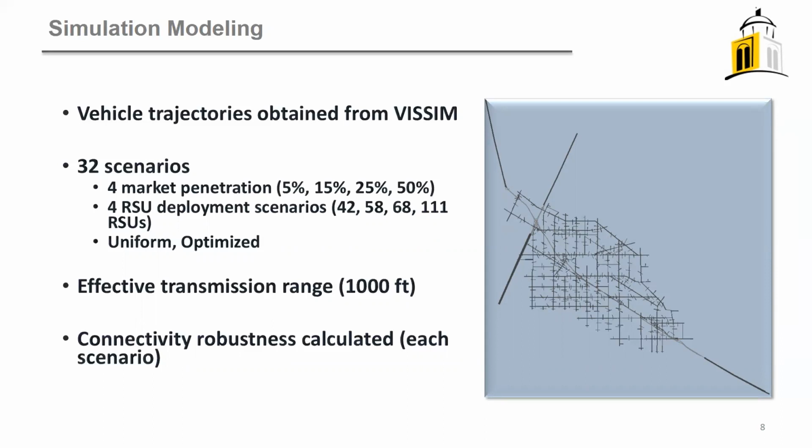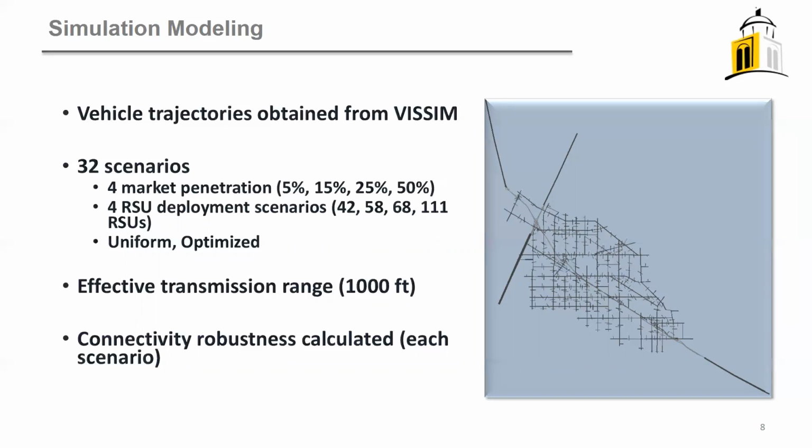Okay, so in the connected vehicle, actually, because you have the 32 scenarios, including the full market penetration and the 5%, 50%, 25%, that means the rest of the vehicles are not connected or non-automated vehicles. Is that correct? Yeah, that is correct.